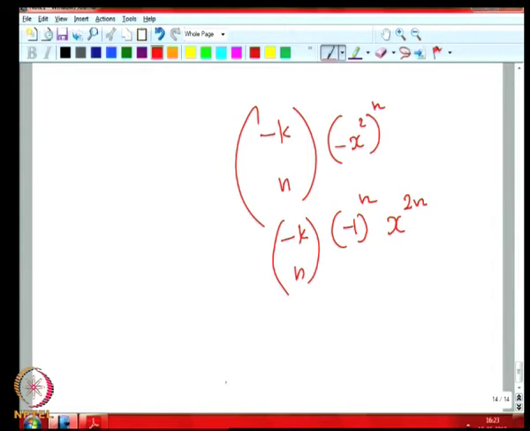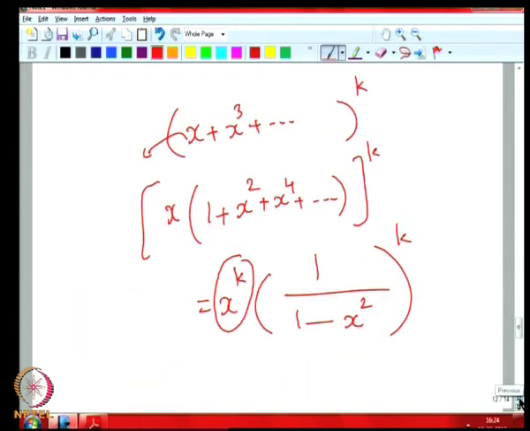But what we are interested in is the coefficient of x raised to n here.